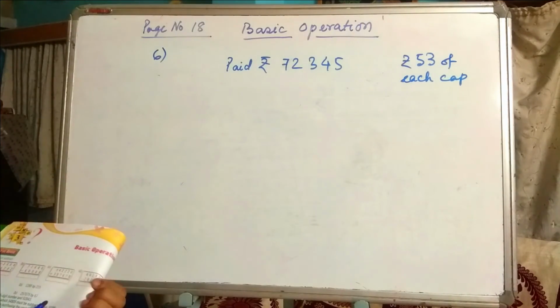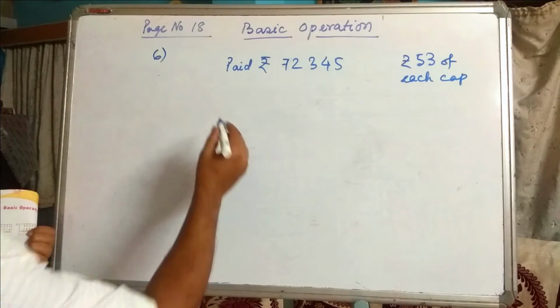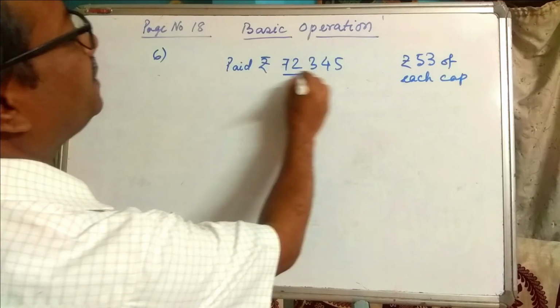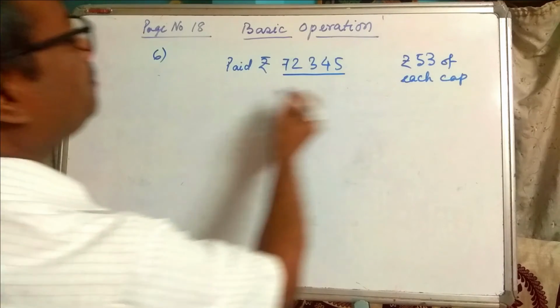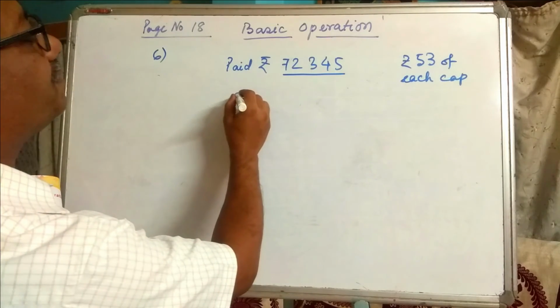So how many caps did he buy? What to be done? We have to divide this amount by this amount to find out the number of caps.